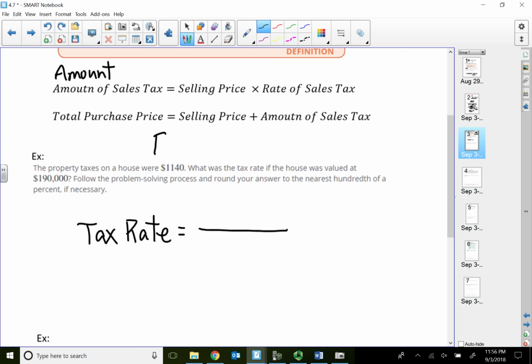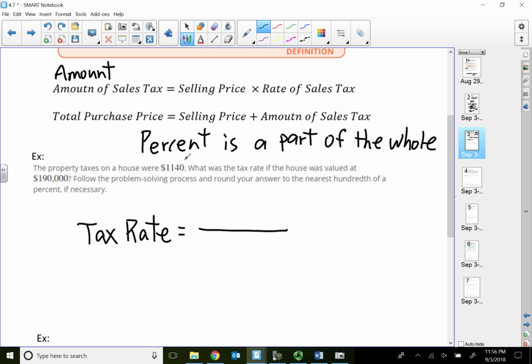Let me go ahead and introduce this idea. When we say percent is a part of the whole, that's what the percent equation says: percent is part over the whole times 100.